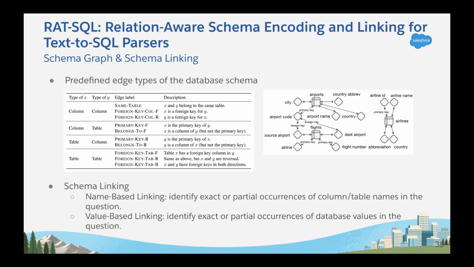The second one is value-based linking: when a phrase in the question can match some value in one column, they consider there is a value-based link between this phrase and this column. So they define these multiple types of relations, and explicitly embed them in their neural network model.